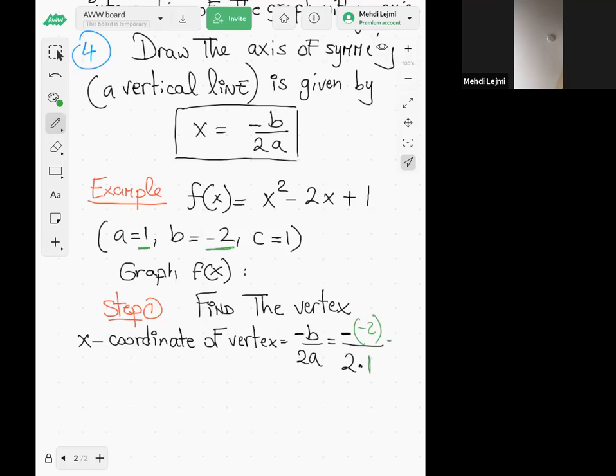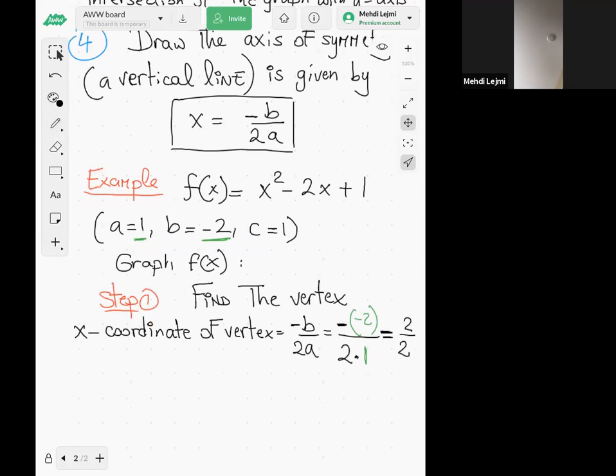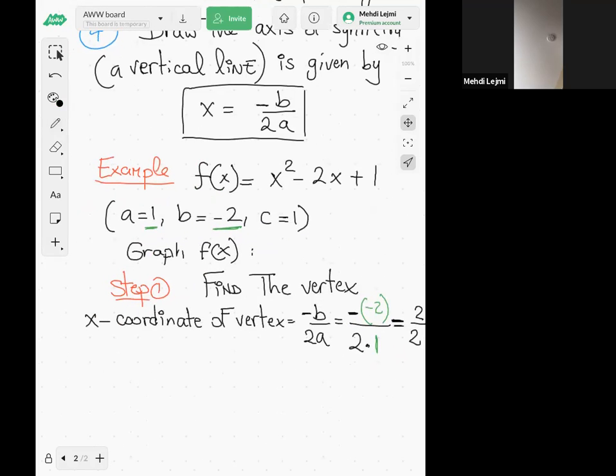So that would be positive 2 over 2. The x coordinate of the vertex is 2 over 2, which is positive 1. Now, what's the y coordinate of the vertex?